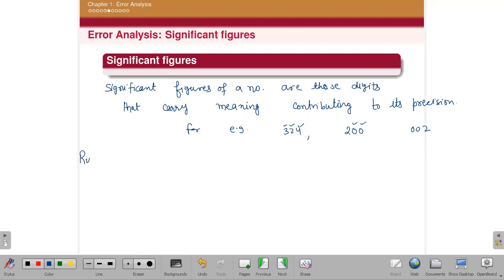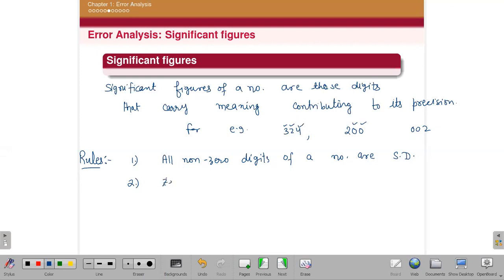So actually there are some rules to decide the significant digits. First, all non-zero digits of a number are significant digits. Obviously, like in 324, all are significant digits.